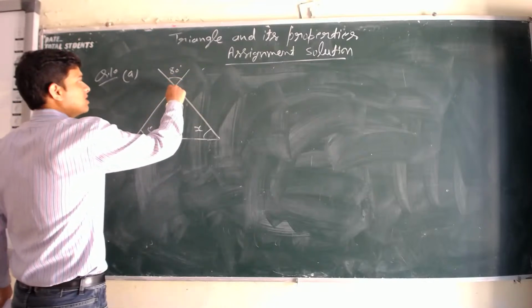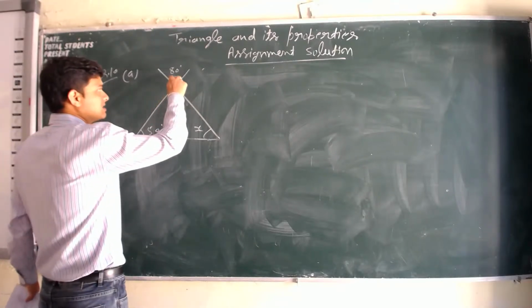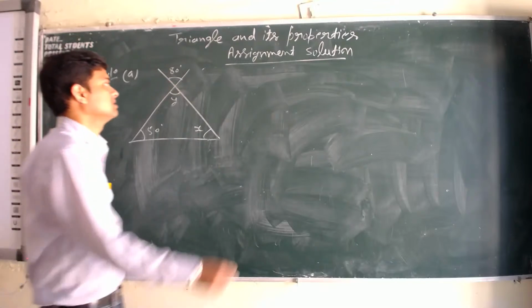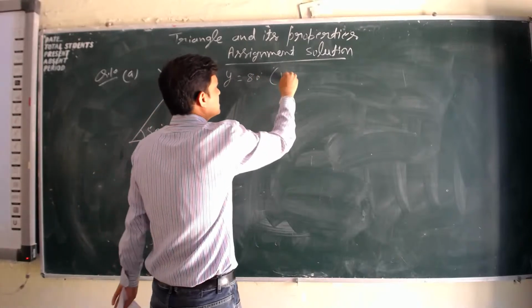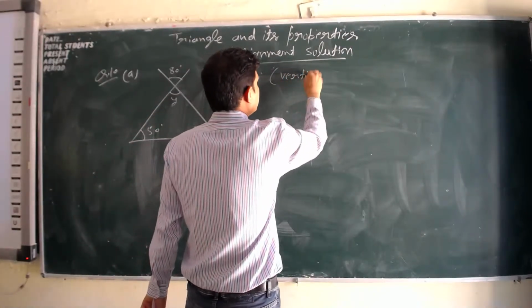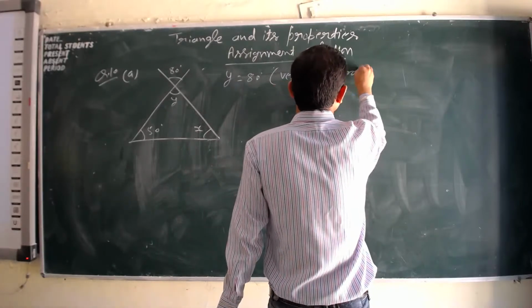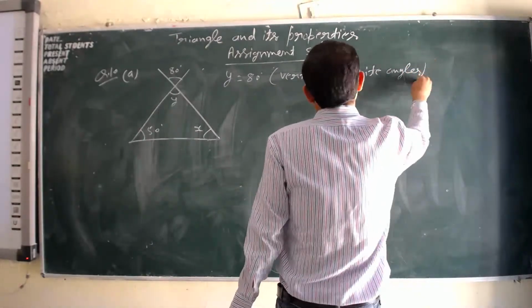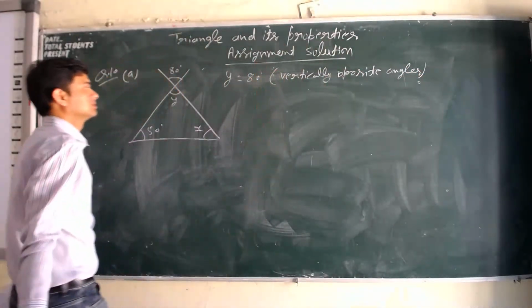So these two vertices are opposite to each other, so we can consider these two are vertically opposite. Y is equal to 80 degree because these are vertically opposite angles.